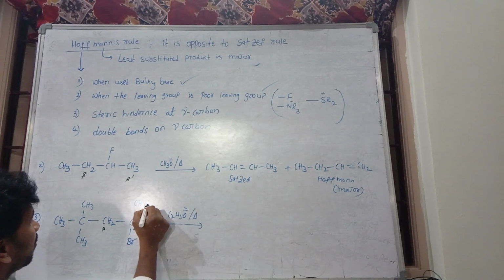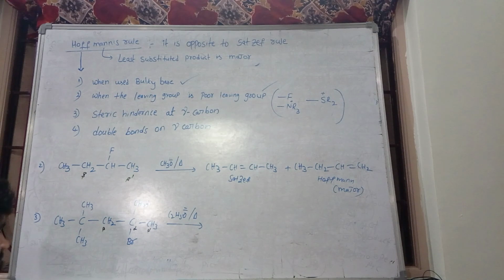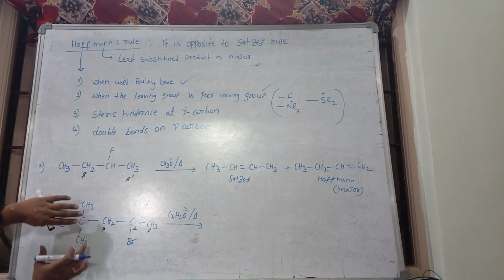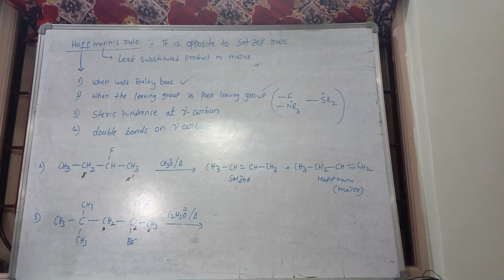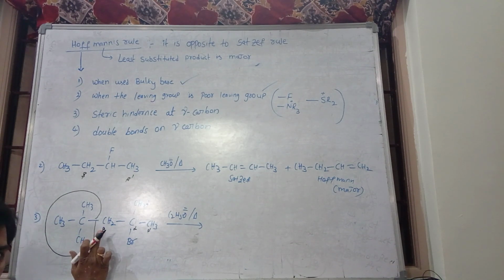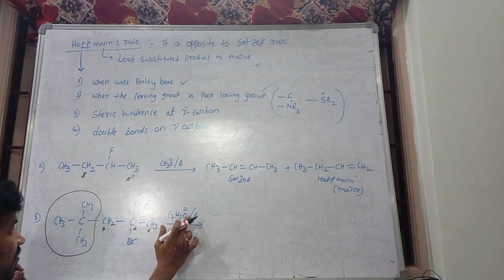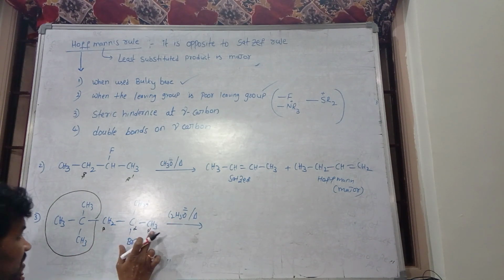Three betas are there, and these two are identical, so no problem. Now see here, a tertiary butyl group. The tertiary butyl group is such a big group, and it is there on the beta carbon, so it is sterically hindered. So it is very difficult for the base to take a proton from this carbon, so it is taken from the other carbon.